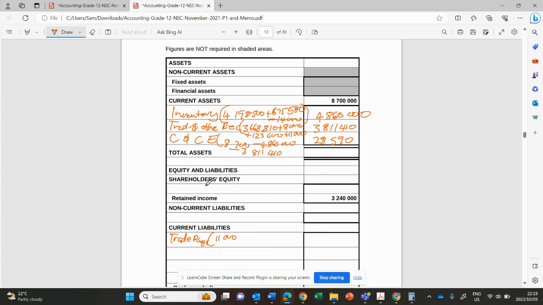Now, let's get the shareholders' equity. For the shareholders' equity, we are given the retained income. So here we're going to say ordinary share capital.